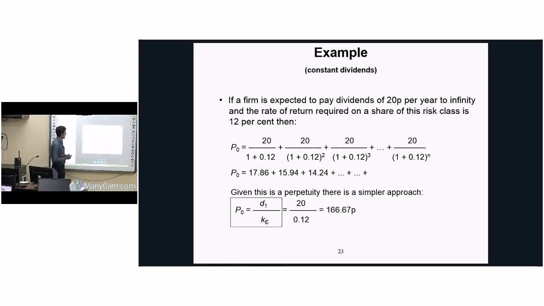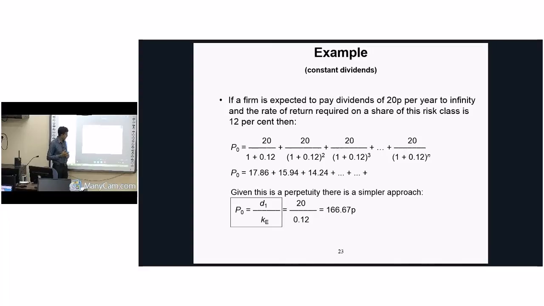If a firm is expected to pay a dividend of 20 pence per year to infinity, and the rate of return required on a share of this risk class is 12% per annum. In other words, we expect a 20 pence dividend forever. What would be the value of the firm if you take 12% per annum as the cost?